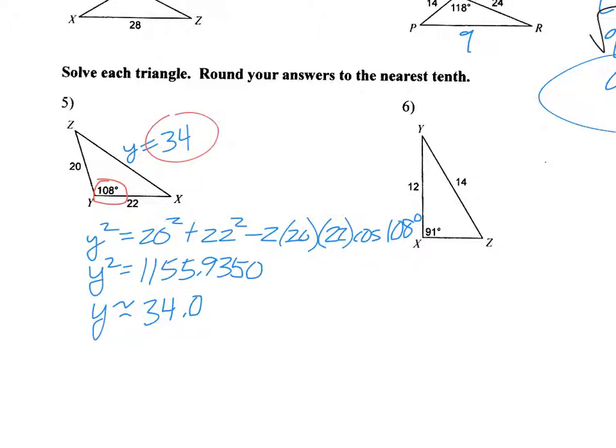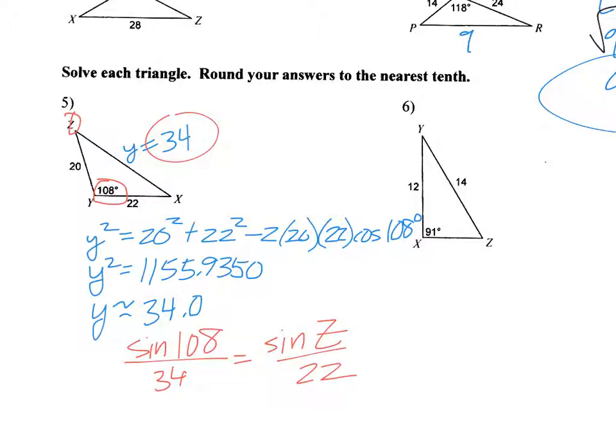So I can do sine of 108 over 34 equals sine of, now I pick one, I'm going to do z. Sine of z over its side, which is 22. So now I'm back to doing law of sines. So really when you're solving triangles, you're just doing both of these all the time.